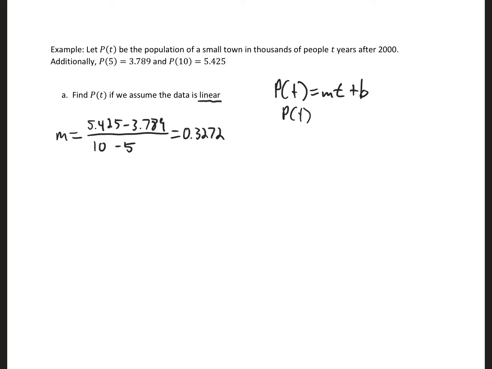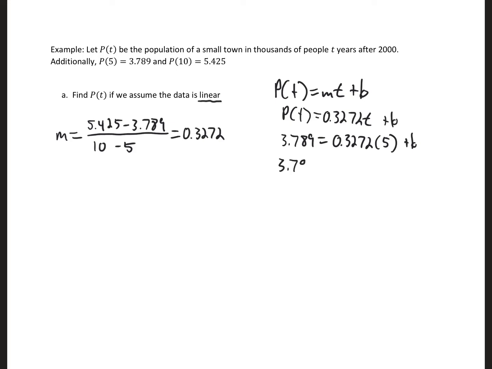P of t equals 0.3272t plus b. We want to work backwards and find b. So pick an output and an input. So let's pick an output of 3.789, when we input 5. We're going to use that to work backwards and find b.